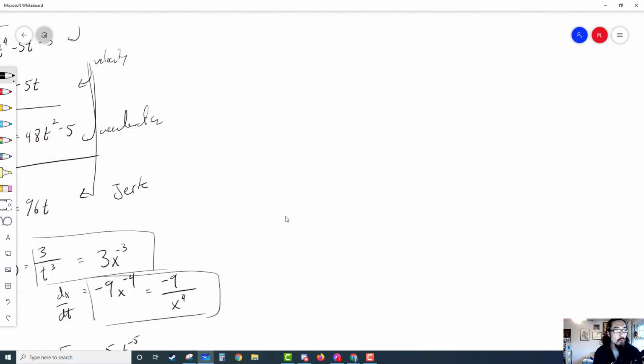Now you won't necessarily see this as often. What I mean is you won't necessarily see exponents that are fractions, but just in case, the steps are the same. So f prime of x, you just bring it up to the front, 2/3 x to the 2/3 minus 1. So watch what I do here.